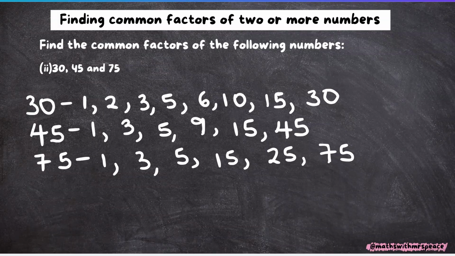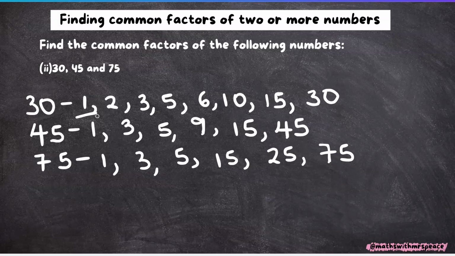And we'll now identify their common factors. Please bear in mind that the numbers that you are going to be highlighting as common factors must be common to all 3 of the numbers, not only 2, not any 2, must be all 3. So let's check out our list of factors and pick out our common factors.